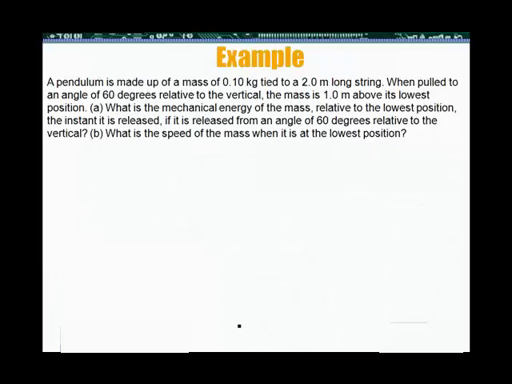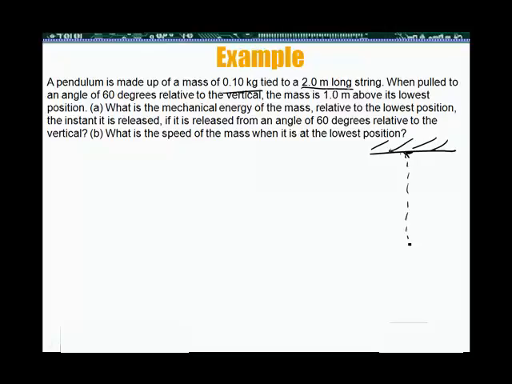Okay, let's try to work another example. This is also another example, to get you to look at another angle. In this case, we have a pendulum that's made up of a 2-meter long string and a 0.1 kilogram mass.